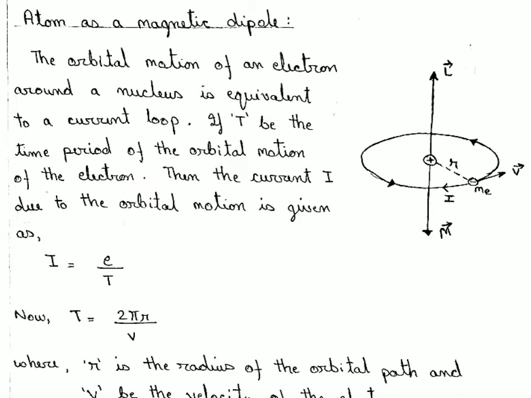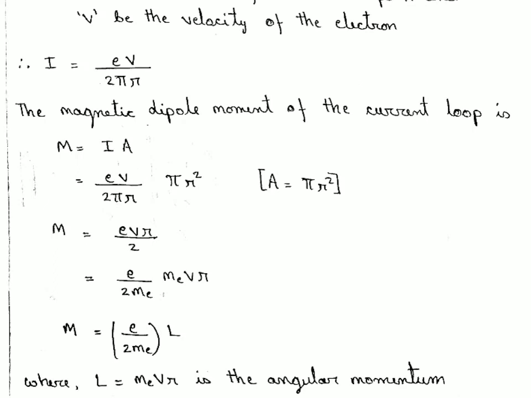Hence, v is equal to 2 pi r divided by T, so T is equal to 2 pi r divided by v. Here r is the radius of the orbital path, and v is the magnitude of the velocity of the electron. Putting this expression of T in the current I, we get I equal to ev divided by 2 pi r.